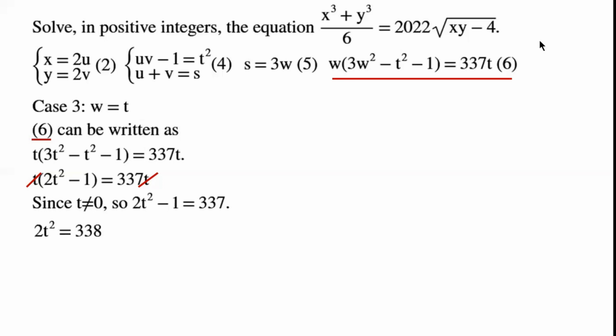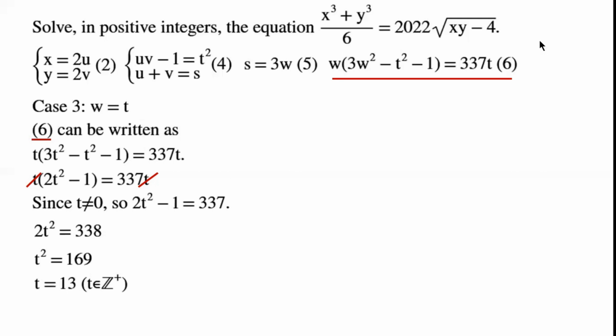So 2t squared equals 338. So t squared equals 169.